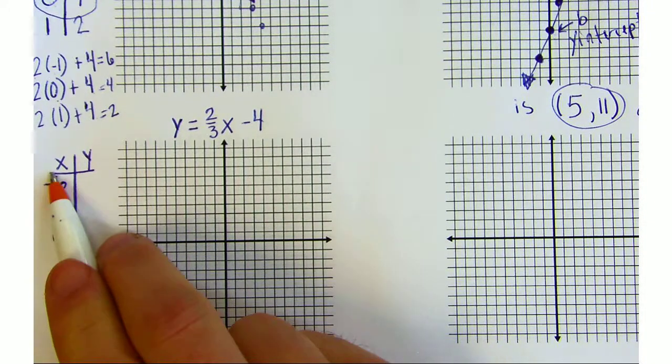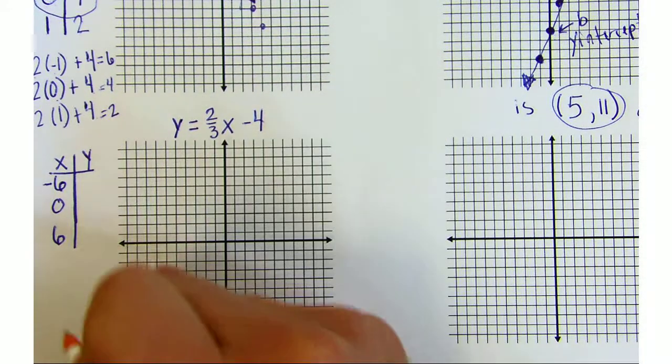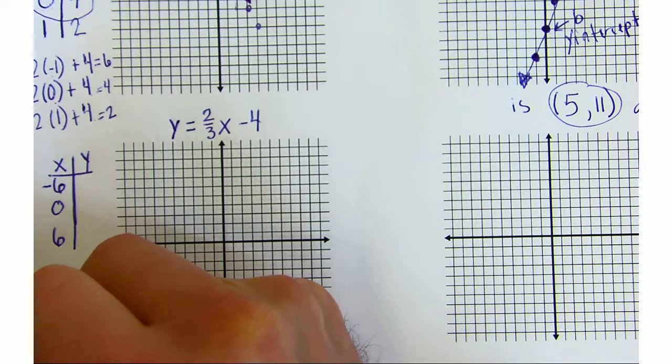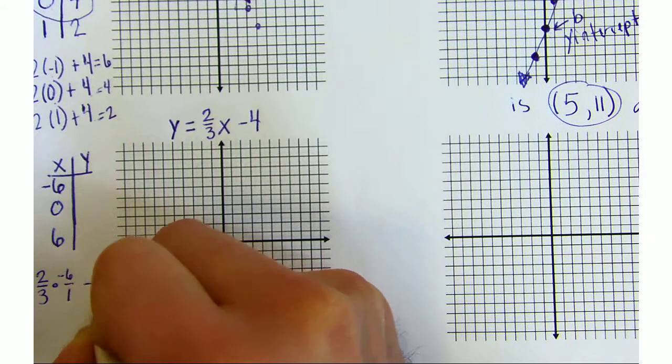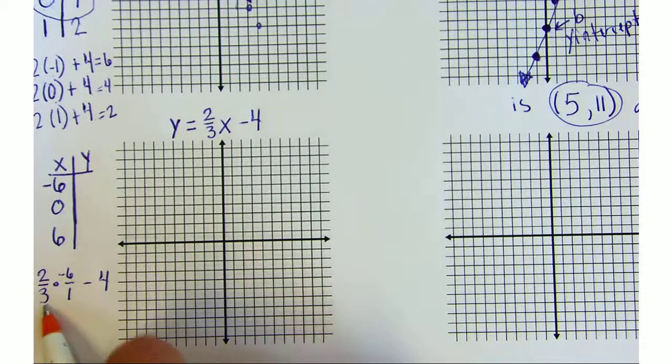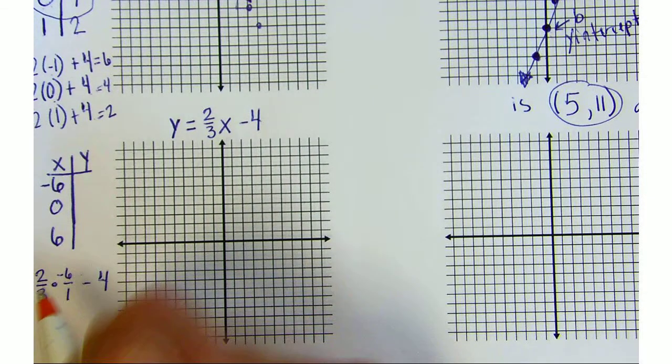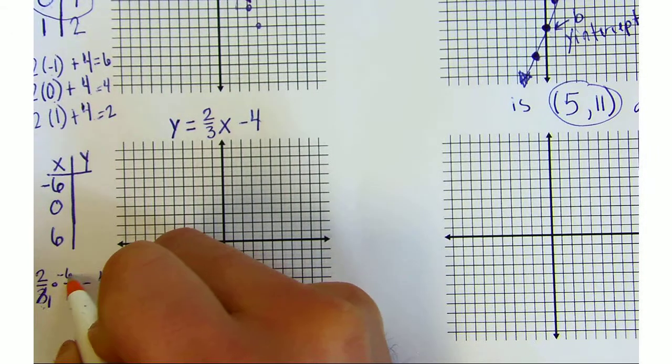So when I plug it in, I do 2/3 times -6 over 1 minus 4. Well, when I look here, I can simplify this. 3 goes into 3 once, 3 goes into 6 twice.